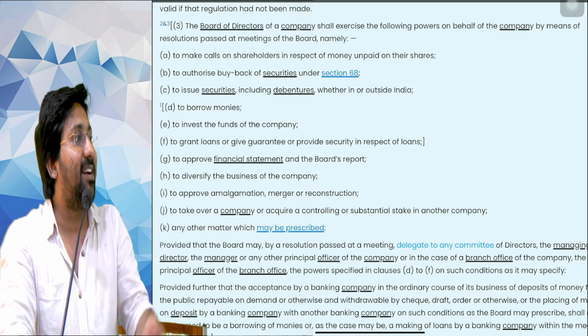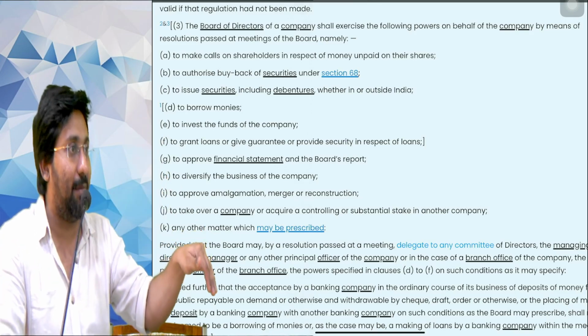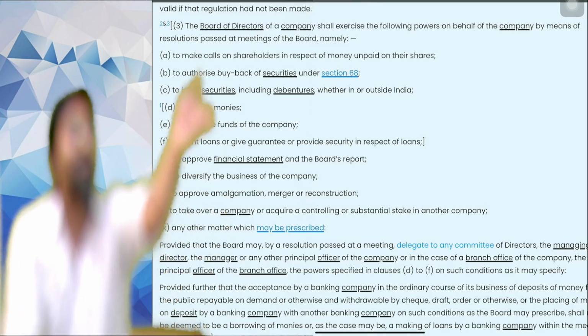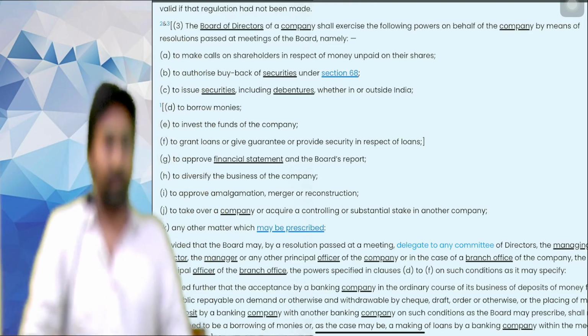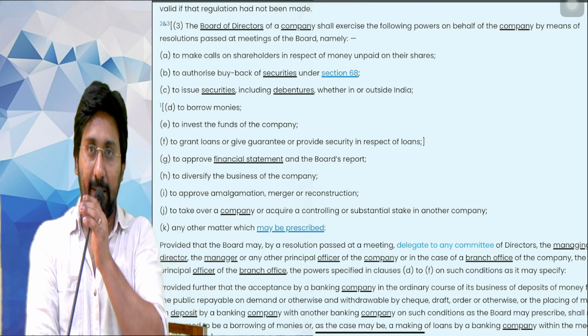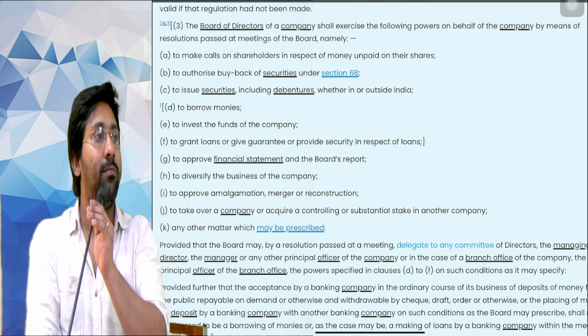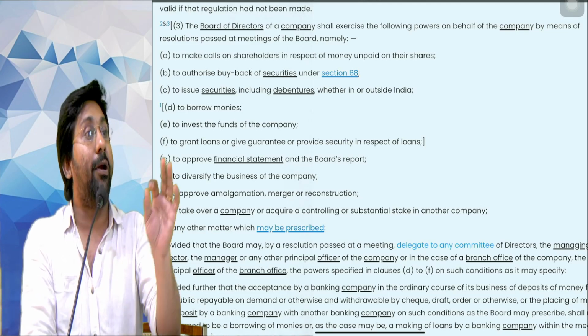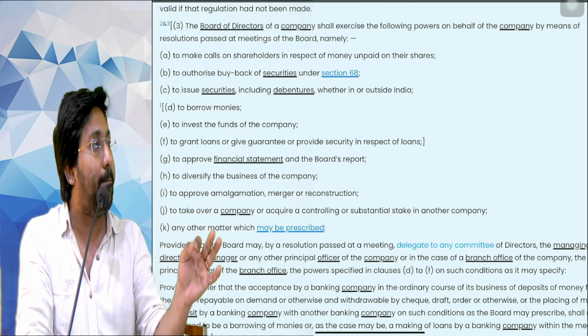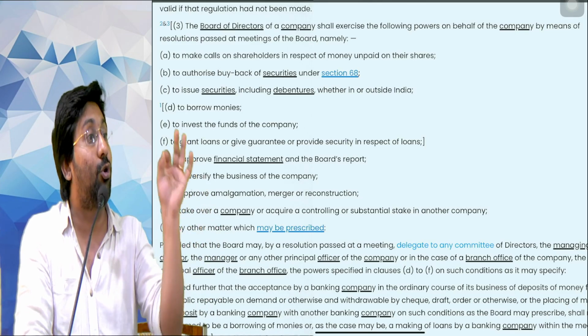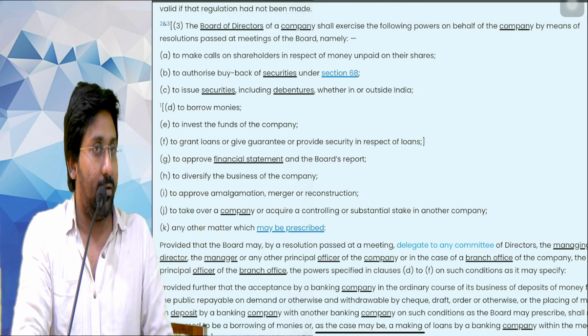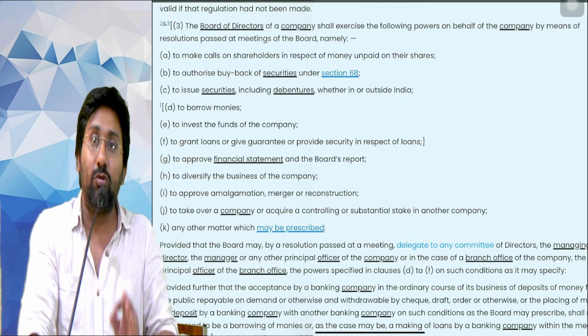Why would they collect in calls? If the company is taking money, it will collect in calls. The company has already collected money from the promoters. The promoters of LIC have already paid 18,000 crores to LIC.